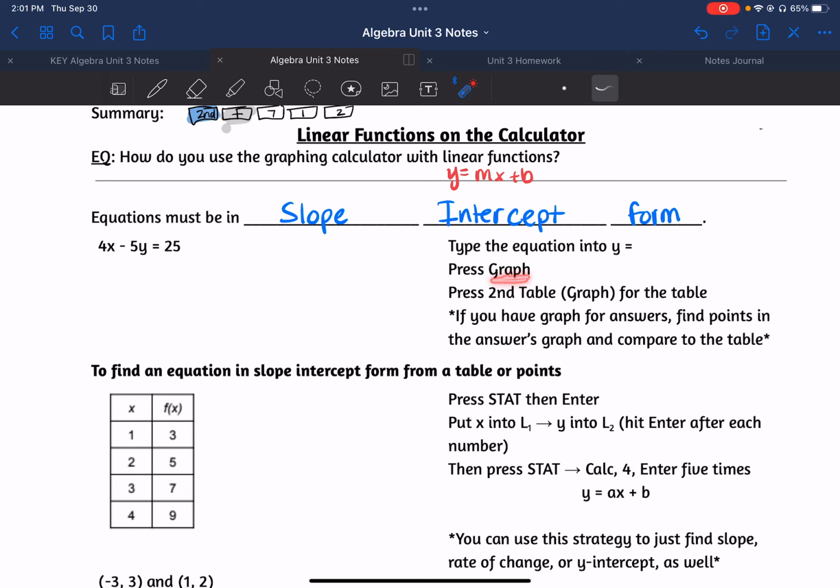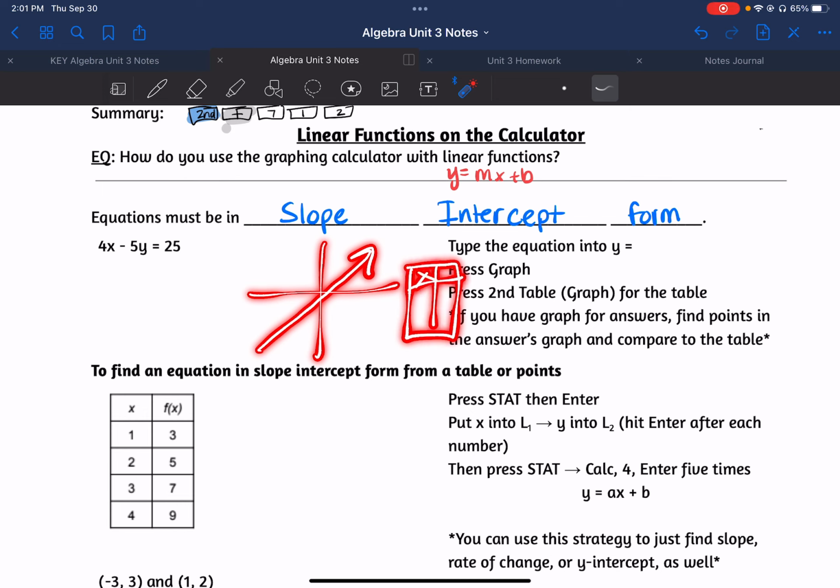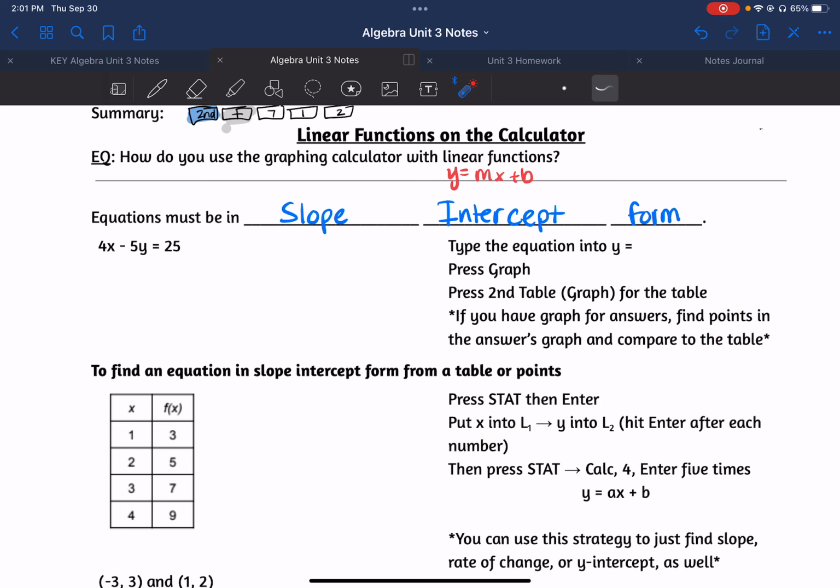We're going to see what type of line it makes. And then we can pull up a table with all these values. It's going to be super cool, super easy. This you already know how to do, but it's just review.